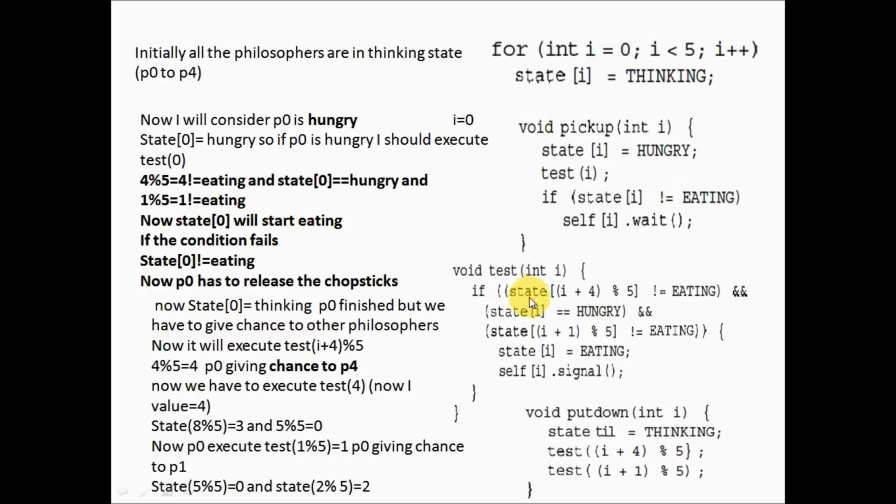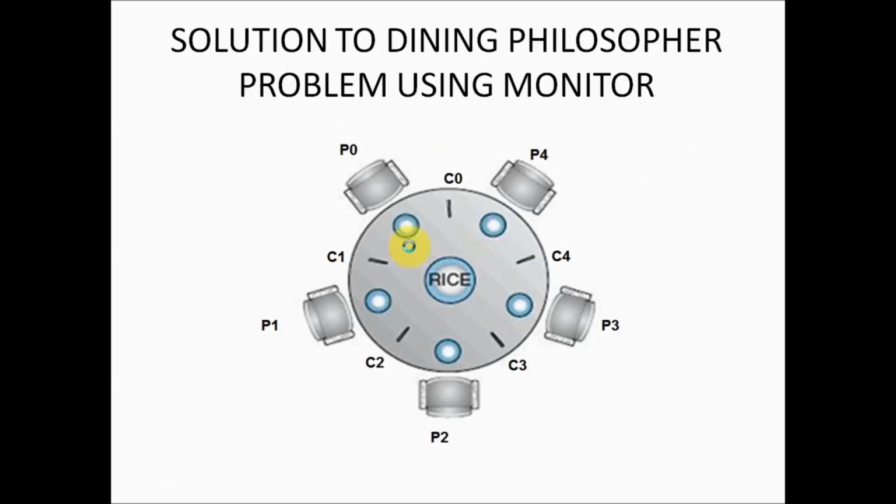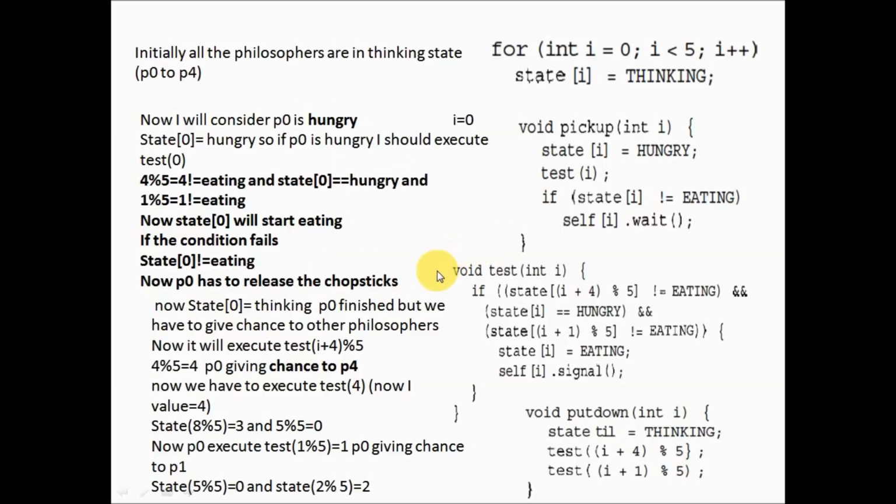Suppose any of these three conditions is not true. If P naught wants to eat, P4 and P1 should be free, right? So if P1 is not free or P4 is not free, then the condition fails, and P0 can't eat.